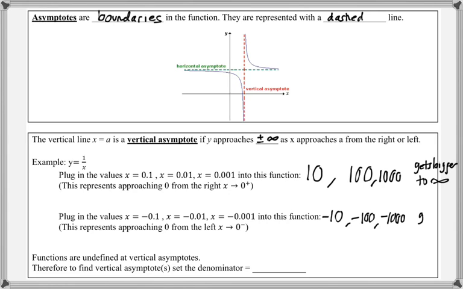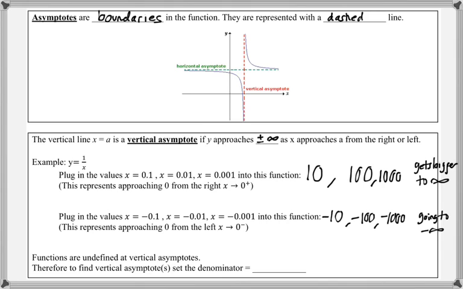So this is going to negative infinity. And this would be as you approach 0 from the left. So these numbers get closer and closer to 0 from both directions.